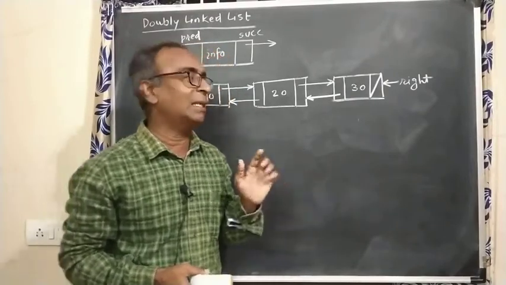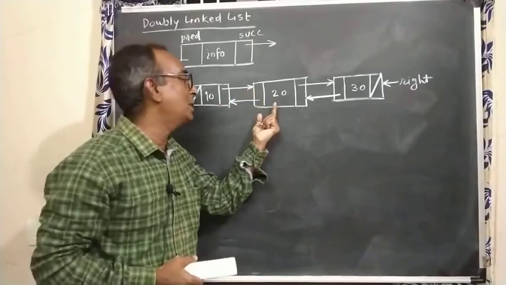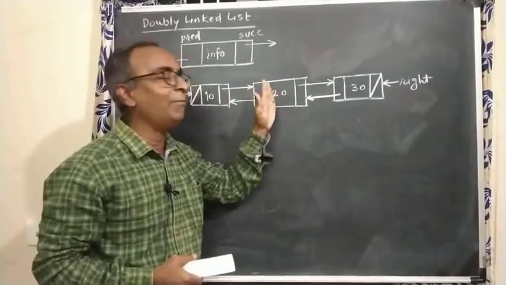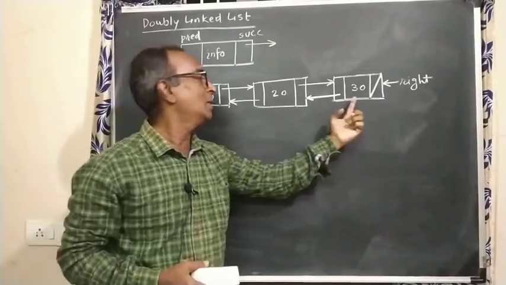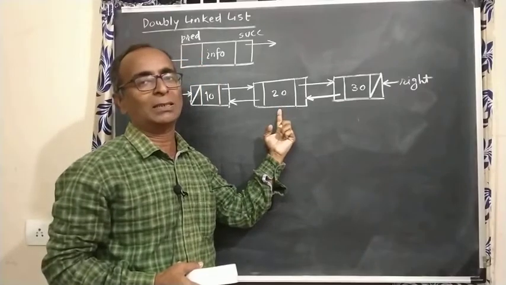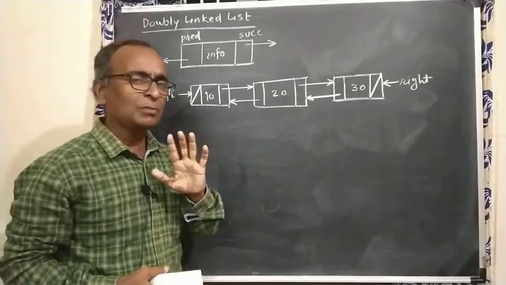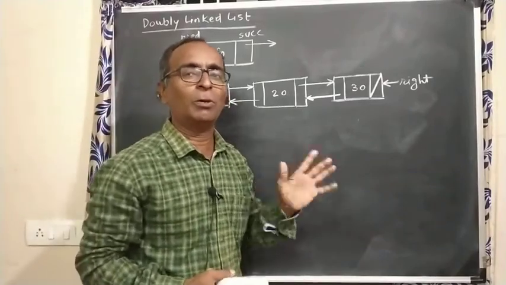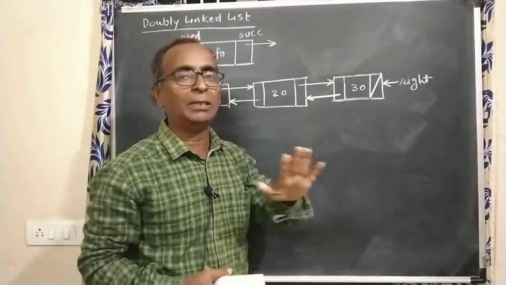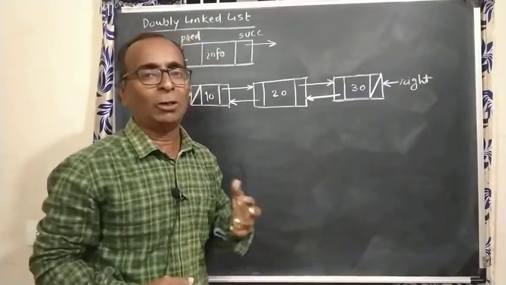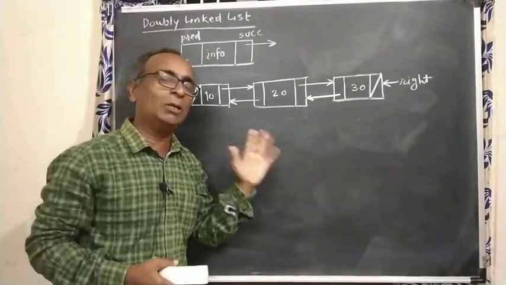But in a doubly linked list, there is no such requirement, because the predecessor node's address will be there in every node. This node has the predecessor node's address, this node has the predecessor node's address, successor node's address as well as predecessor node's address. So you can do all operations in big O of one only, for insertion and deletion. For printing or counting the number of nodes, anyway you have to traverse the list, so that will be big O of n.